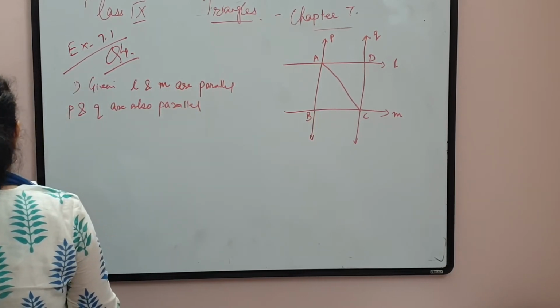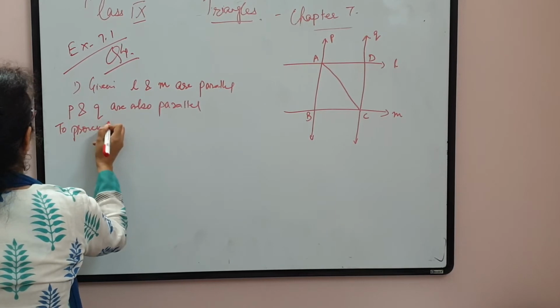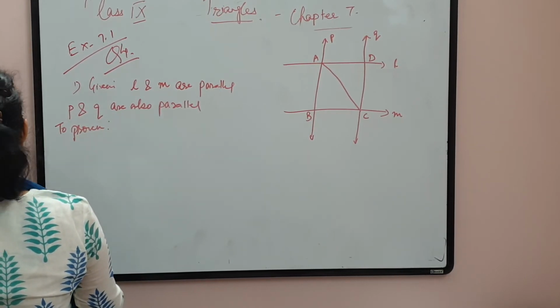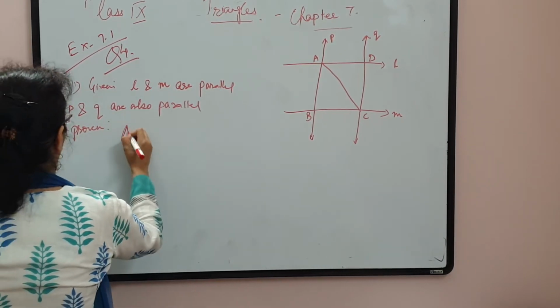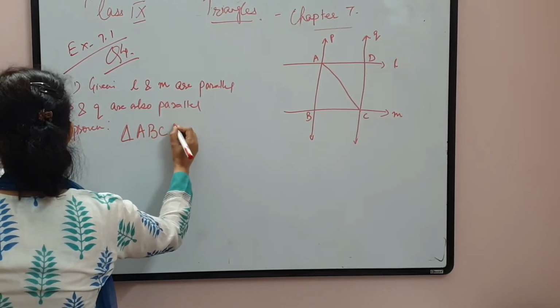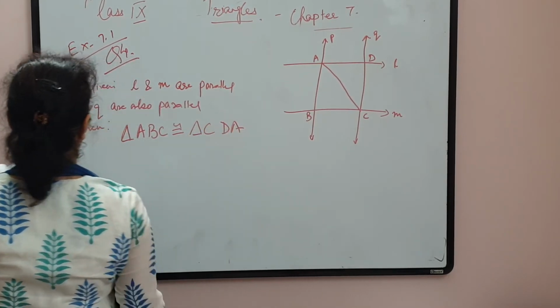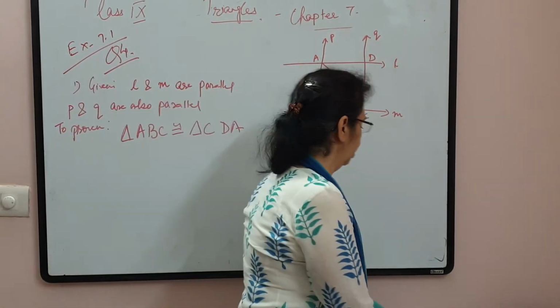Fine. What is to be proven? Triangle ABC is congruent to triangle CDA. This you have to prove.